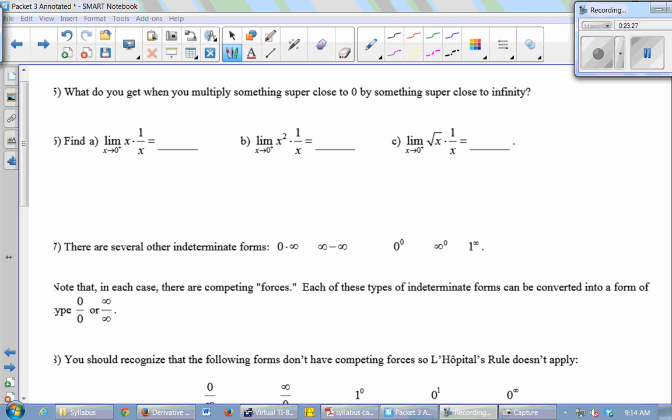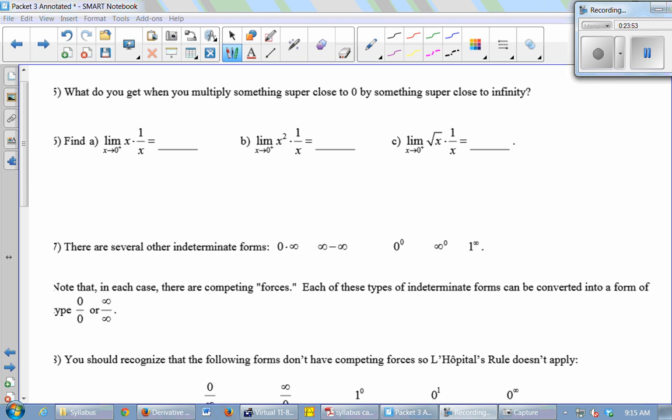Okay, so what do you get when you multiply something super close to 0 by something super close to infinity? It depends. How close are you to 0 and how close are you to infinity? So here, if I'm going to approach 0 from the right, I have x times 1 over x.